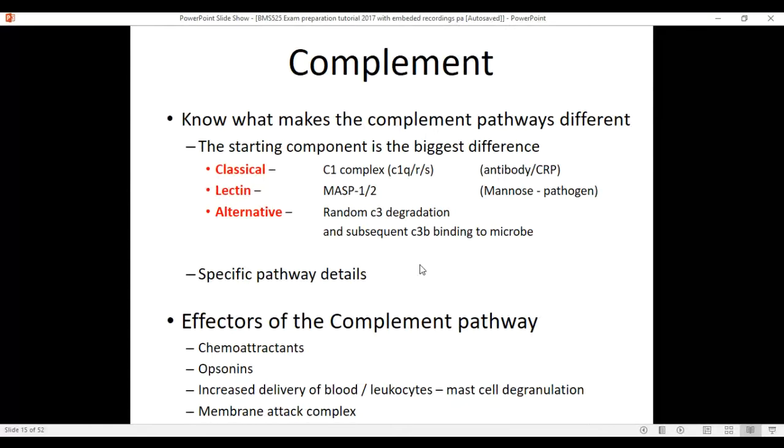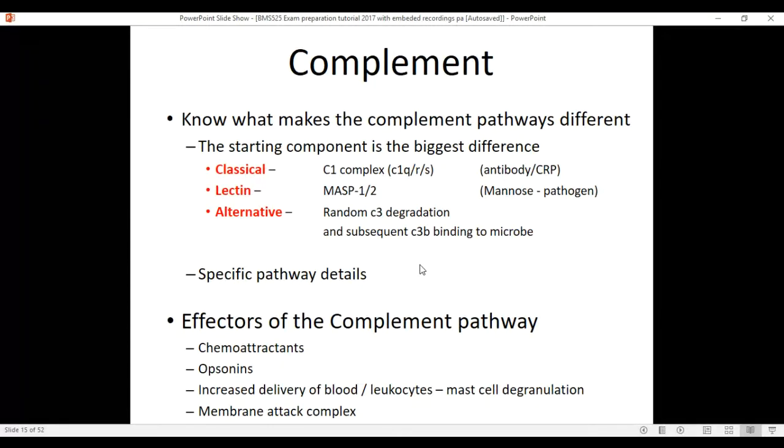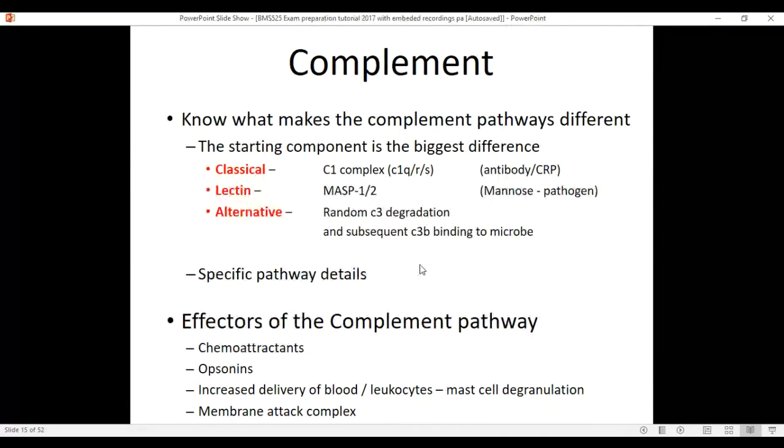The next part you need to be aware of is the whole point of complement is to increase the release of chemoattractants. Okay, and chemoattractants are chemical mediators that can attract immune cells to the right area of infection.